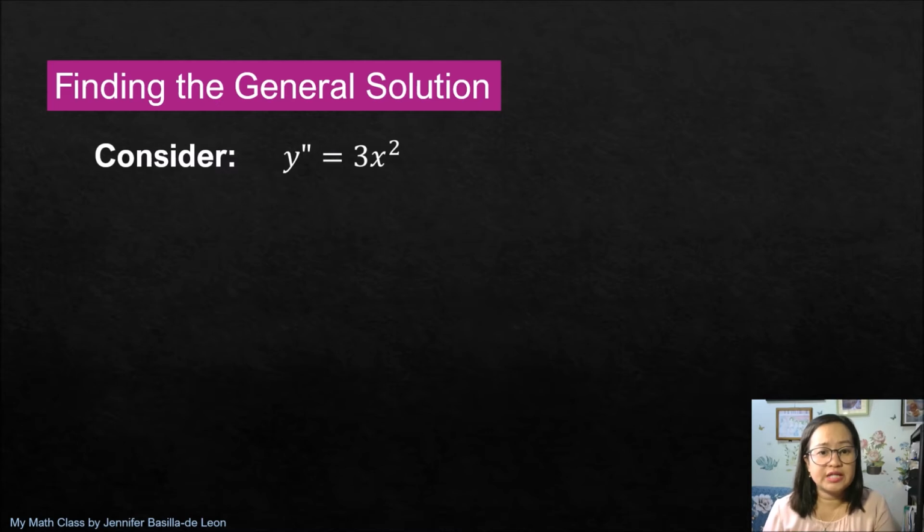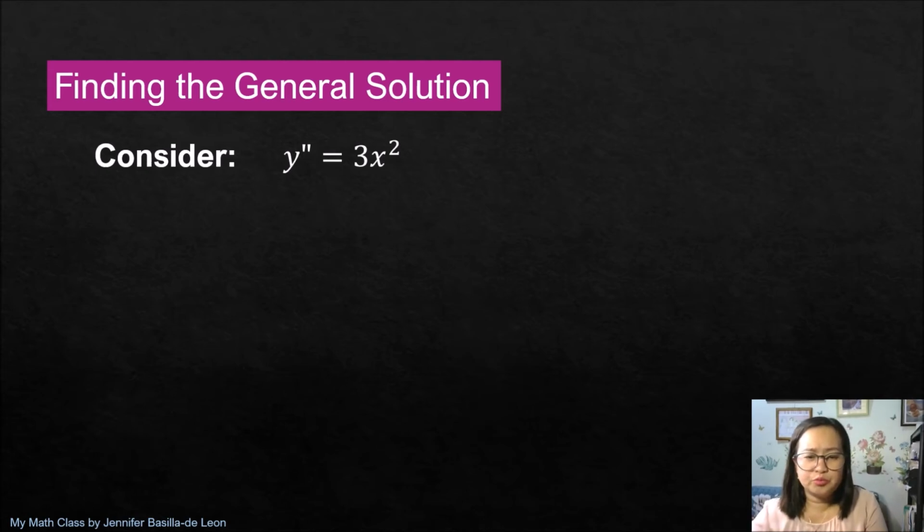In the previous examples, we were solving for the general antiderivative or the general solution of a first order differential equation. What about if we have a second order differential equation? How can we find the general solution that will satisfy the given condition?